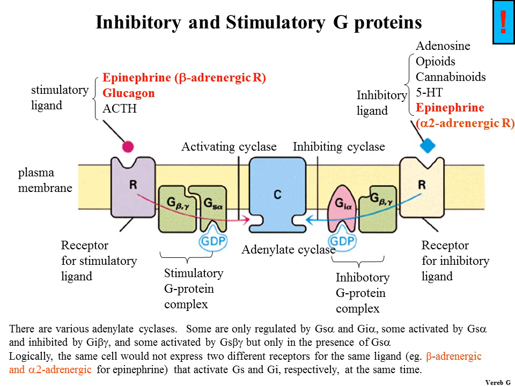There are a few more issues that we want to mention on this complicated figure. One is that so far we've been treating the system as a ligand binding to a receptor which meets a G protein which activates an adenylyl cyclase.